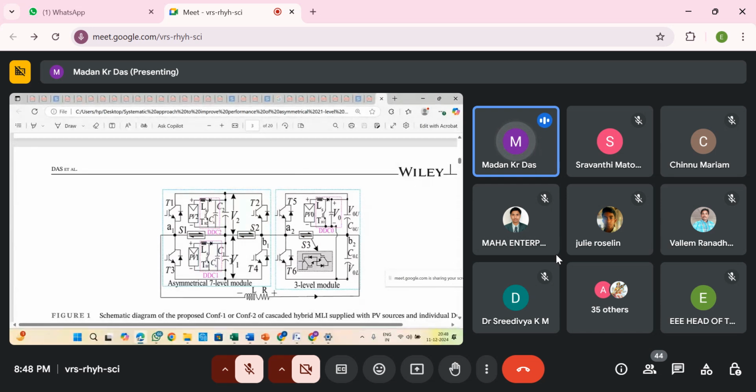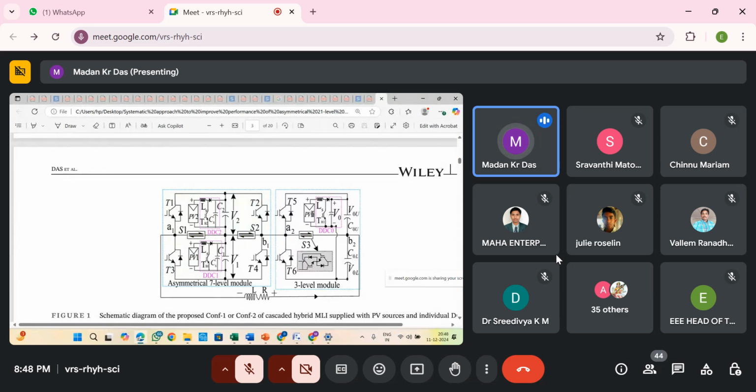Here the voltage ratio of V1 and V2 is 1:2, but for V0 we use only one DC source, which is switched through the capacitor. This is not called a switched capacitor, but the DC source is switched through the capacitor, so it will auto balance.